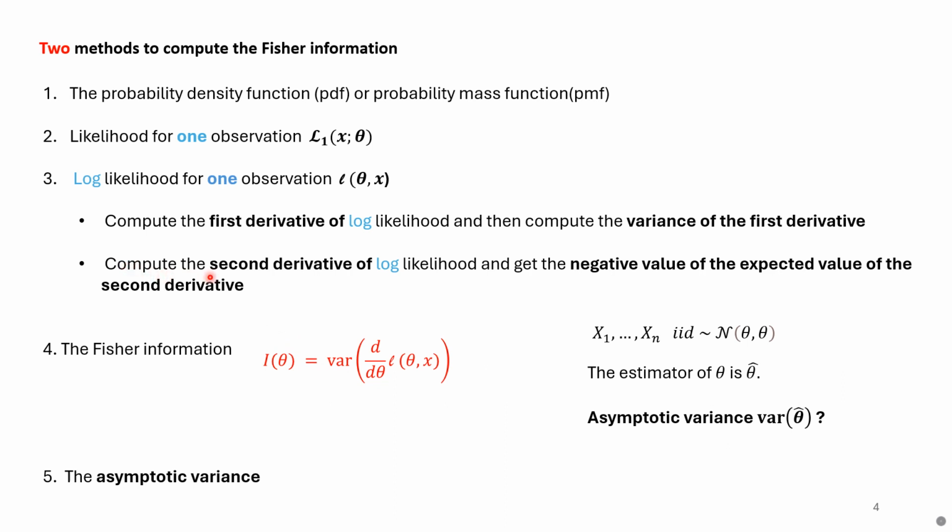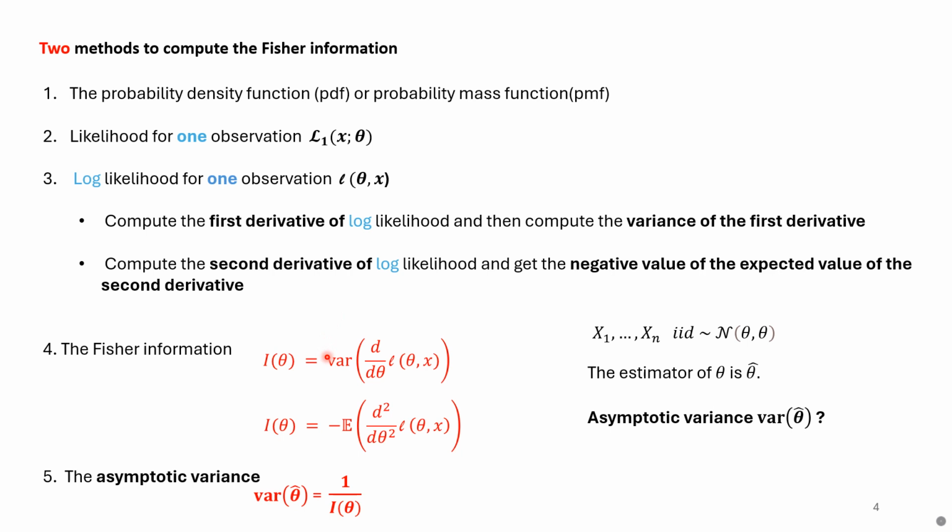And from the second method, we can get the second derivative of the log likelihood and get the negative value of the expected value of the second derivative. Then my Fisher information is this one, the negative expected value of the second derivative of the log likelihood. Finally, I can get the asymptotic variance as variance of theta hat is 1 over Fisher information.